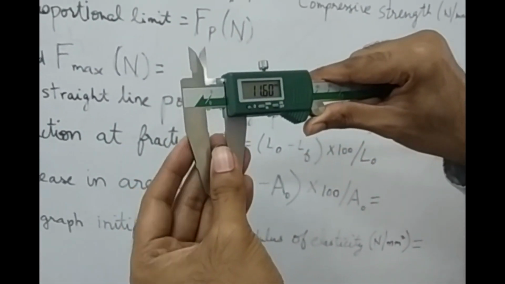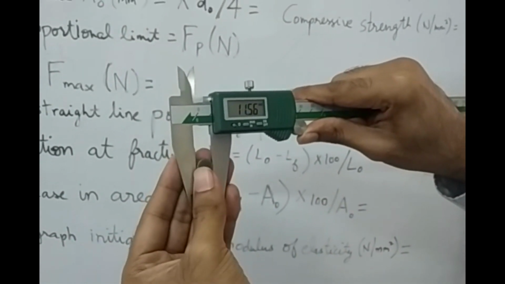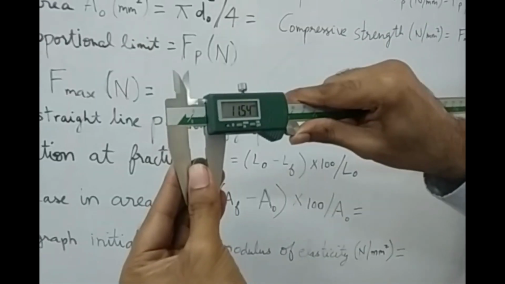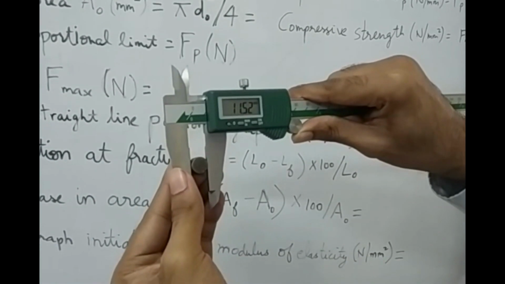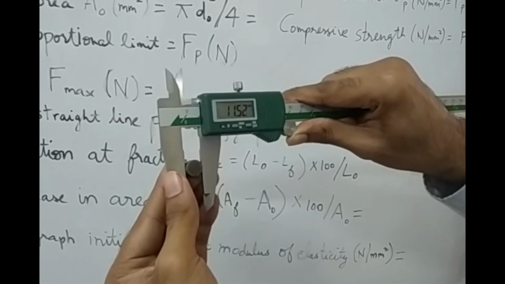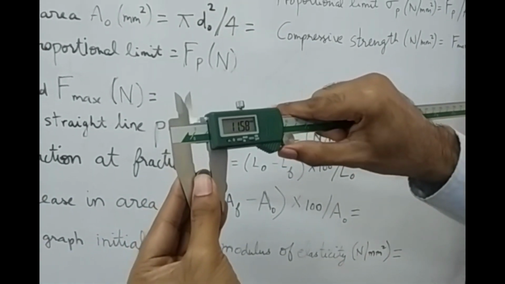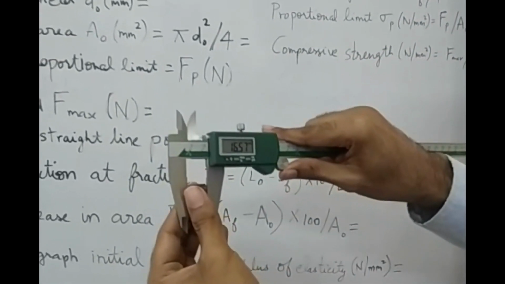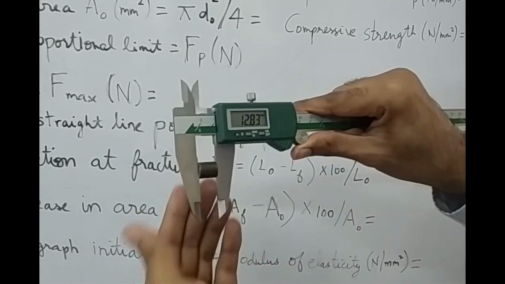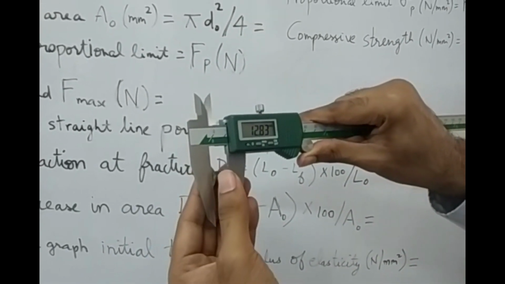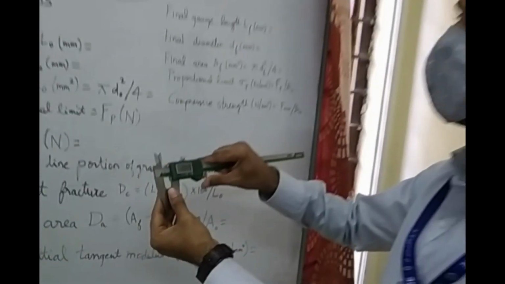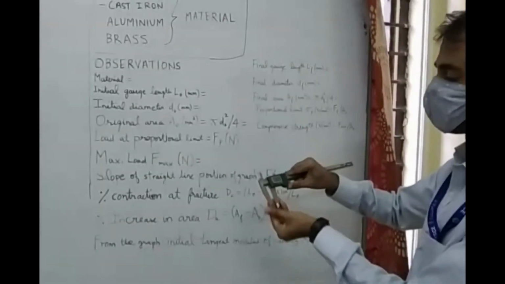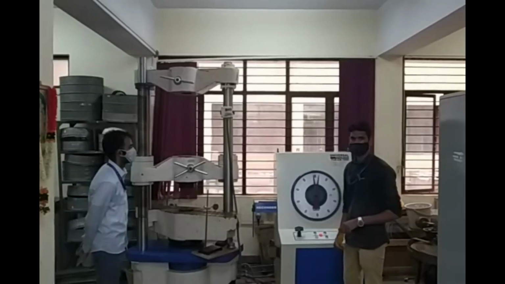I will tighten this, push it from the right side, and you can see the diameter is coming as 11.52 millimeters, and then I will measure the length. So that is 12.83. So this is the length and the diameter of this cast iron sample.